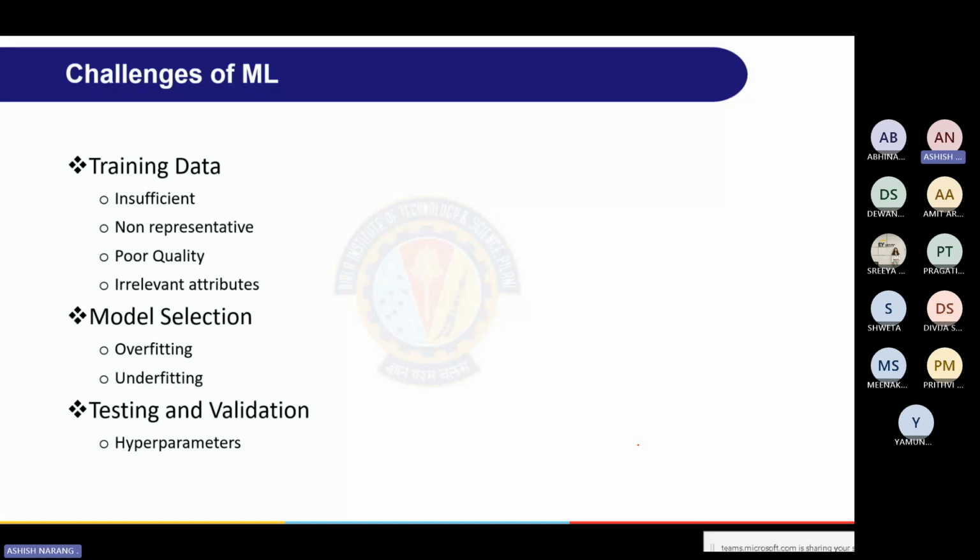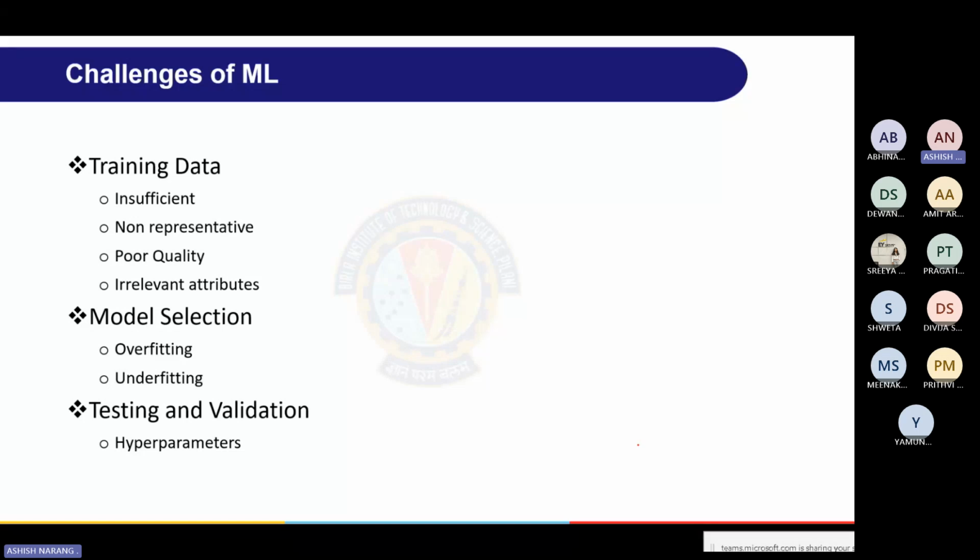It may be of poor quality because real life data may suffer from quality issues. If I feed poor quality data to my model, the performance would not be that good, so I need to deal with those quality issues first. There are also irrelevant attributes.